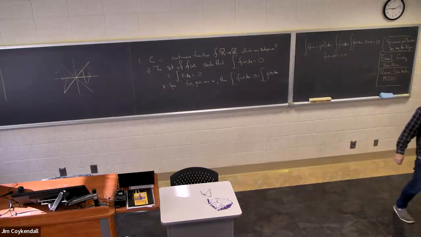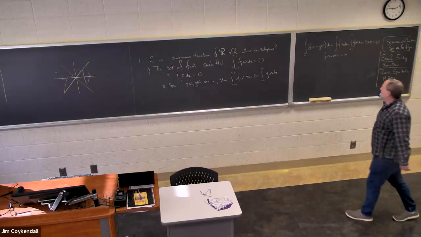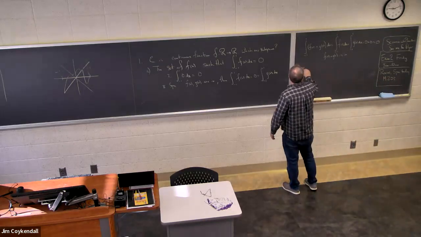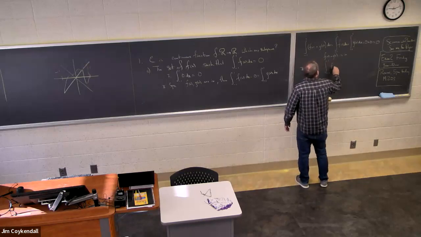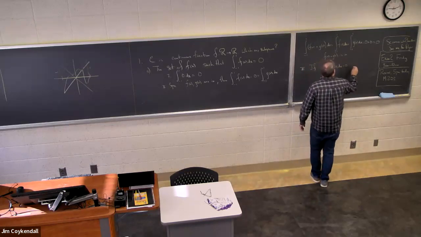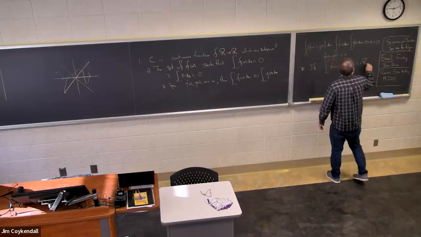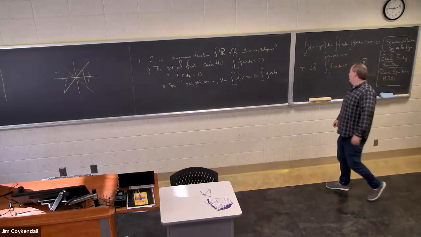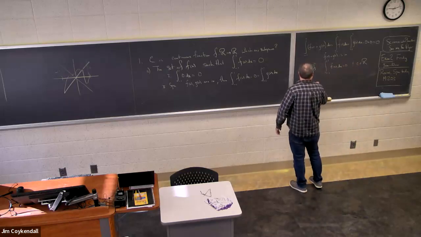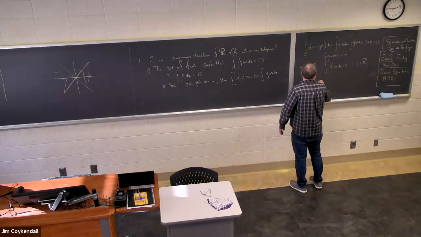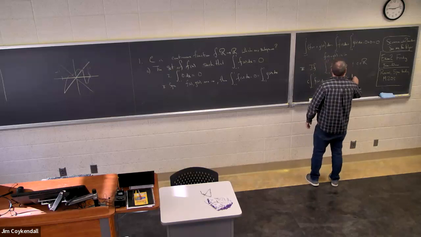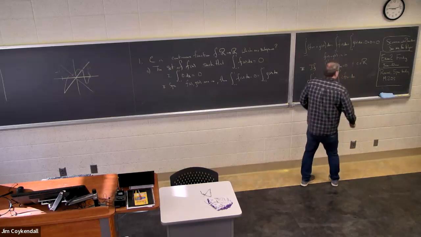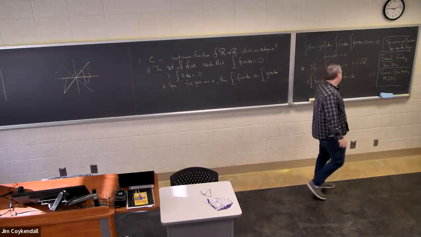And the last thing we have to show is that any multiple of f of x is in the set. So Roman numeral 3, suppose you have a constant, then a constant times a function has integral 0.